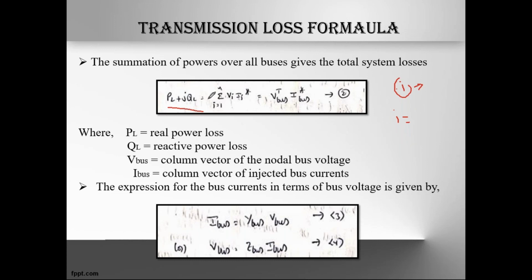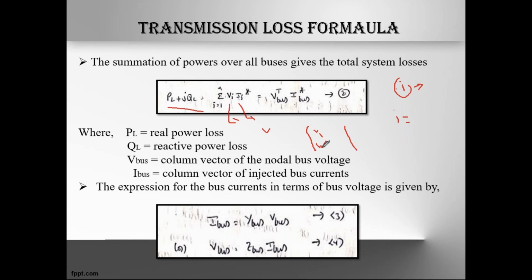Here I'm considering the total number of buses. In this equation, V and I conjugate are in the form of vectors. Vectors means we have to solve these equations in matrix form. So in matrix form we have V1, V2, V3, and Z11, Z12, Z13, Z21, Z22, Z23, similarly I1, I2, I3.